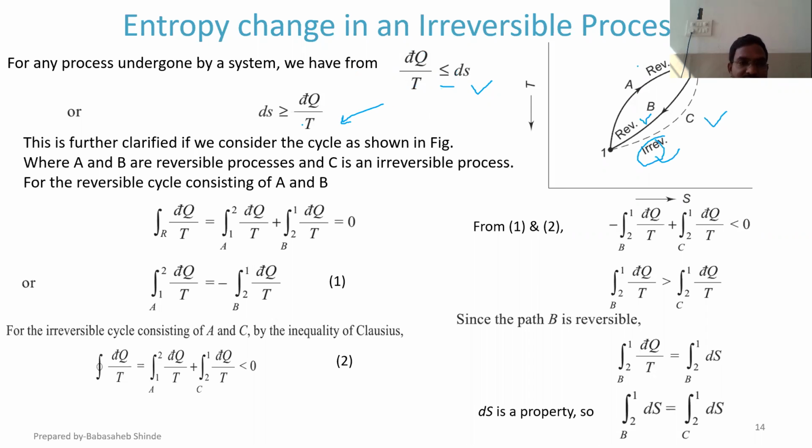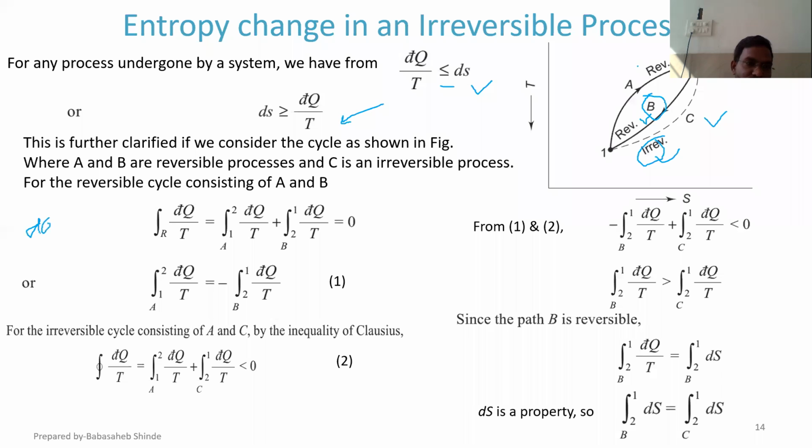Now let's write this relation for the complete cycle. The first one is 1A2B1, consisting of both reversible paths, and the second one is irreversible. Now for the reversible cycle, we know that the integral of dq by t is equal to 0.